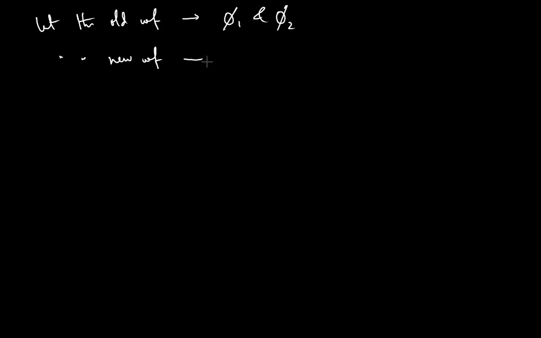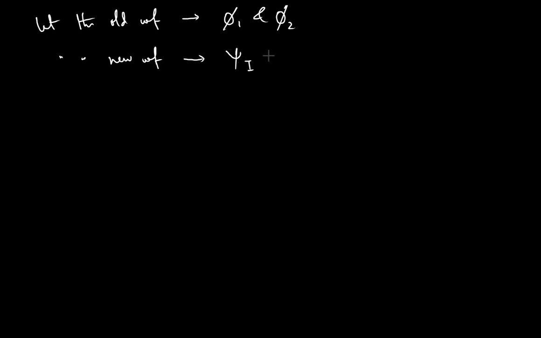Now you see again the new, suppose let the old wave functions be phi 1 and phi 2 and the new wave functions, let them be psi 1 and psi 2.